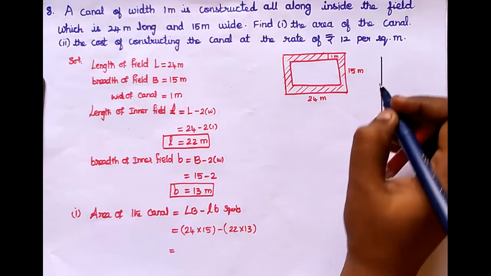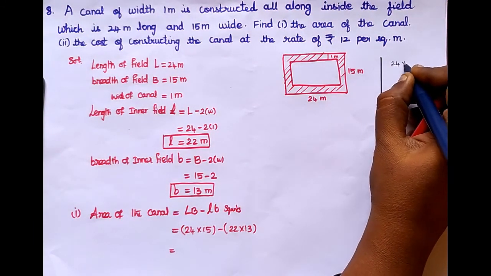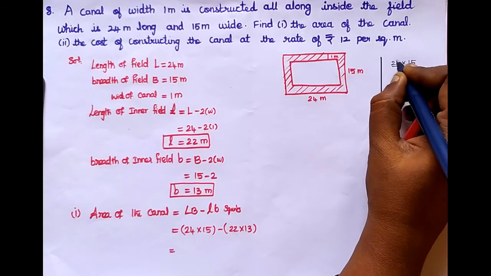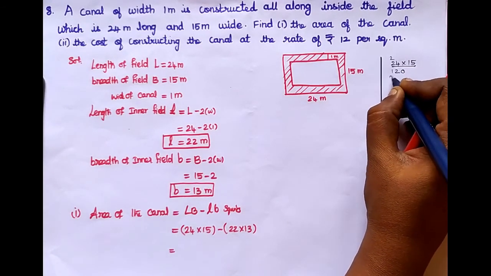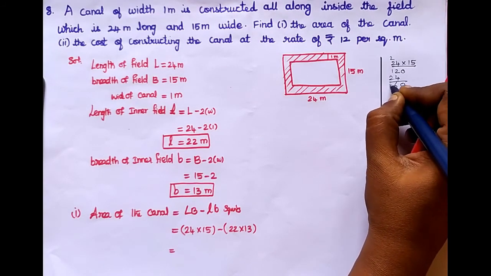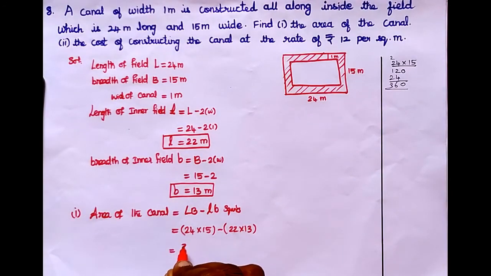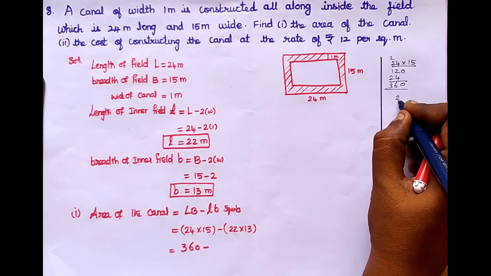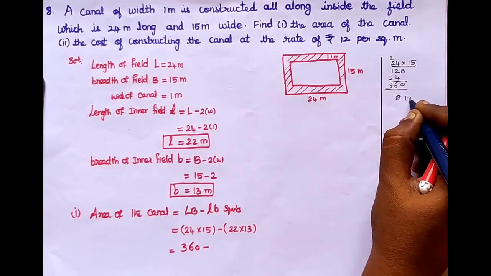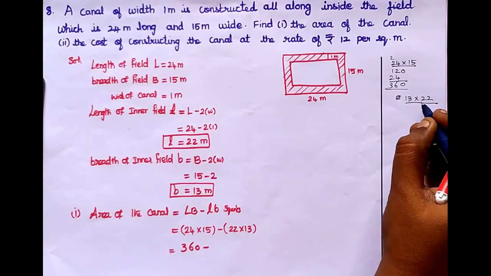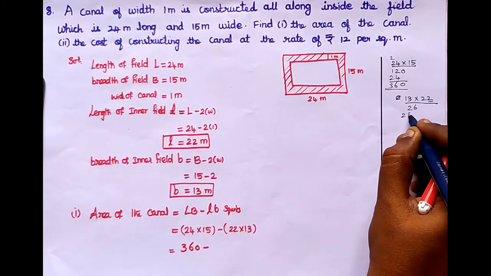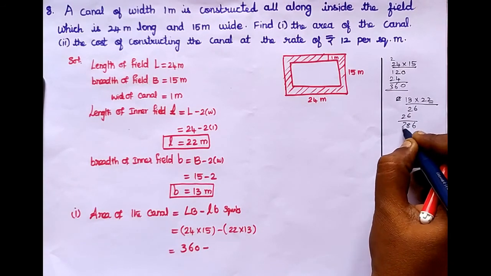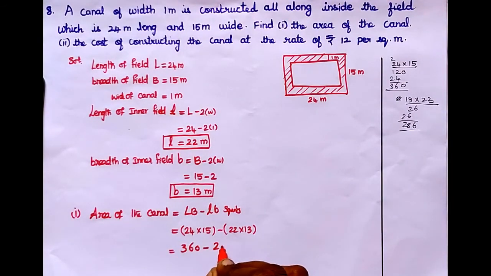Now multiply that. 24 into 15: 5 fours are 20, carry over 2, 2 fives are 10 plus 2, 12, so 360. Minus 22 into 13: first the two table, 2 thirteens are 26, again 2 thirteens are 26. So 286.